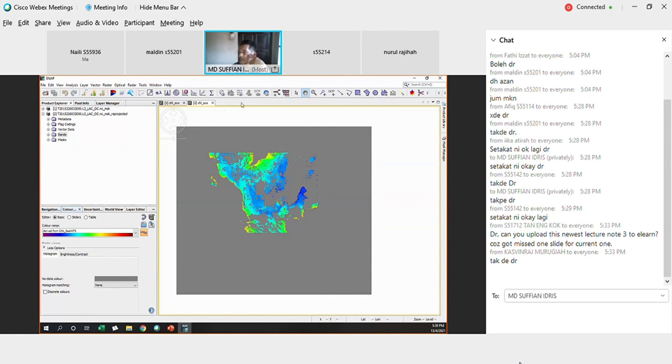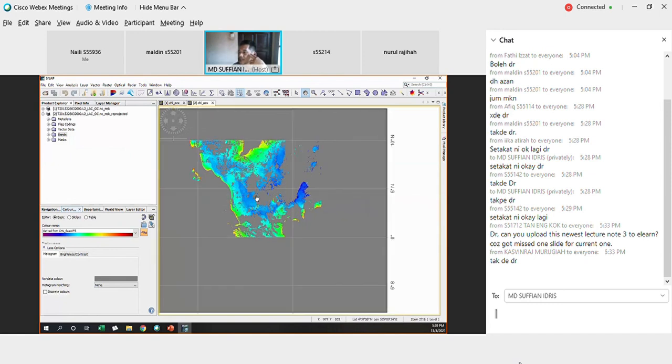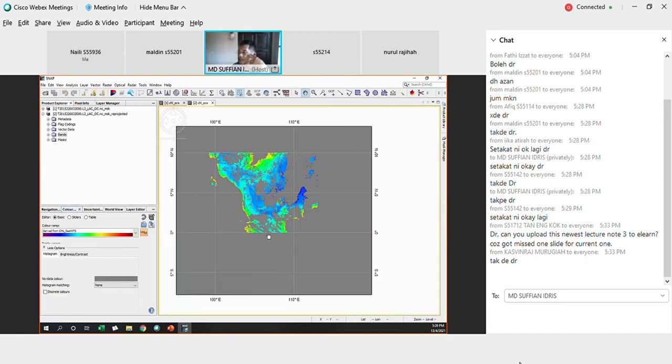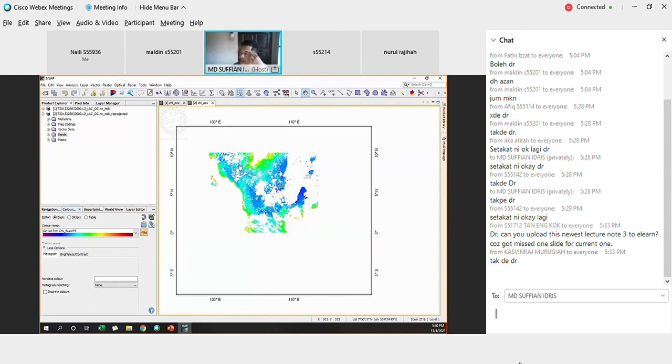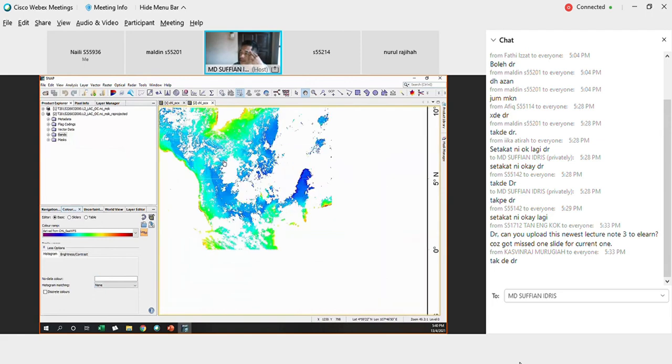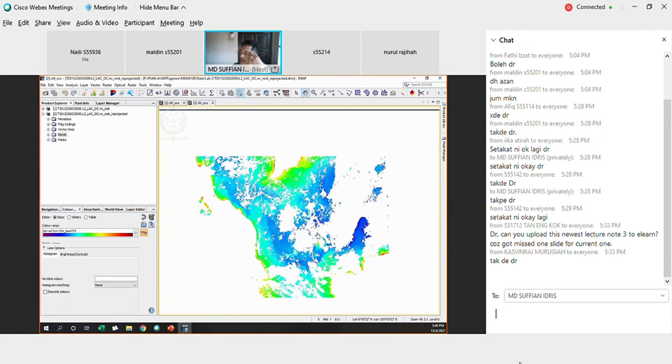Kalau you letak dia punya grid kat sini, so you boleh nampak dia cover untuk area, dia tak ada distortion lah maksud saya. Okay, tetapi dia masih lagi cover keseluruhan kawasan yang besar lah. So, yang kamu nak adalah data dia fit kepada dia punya area.